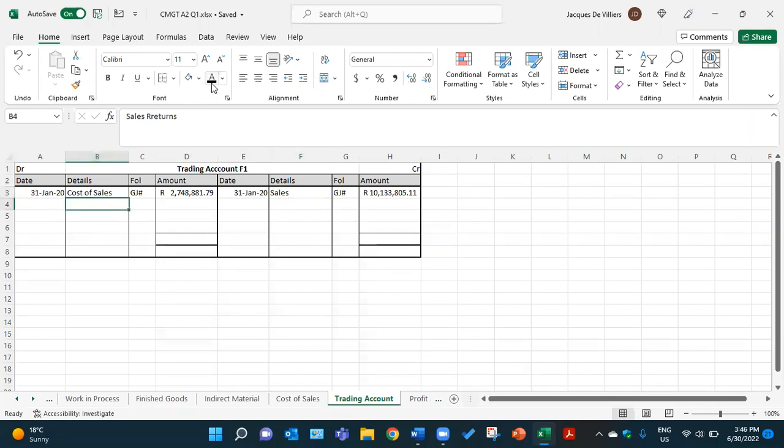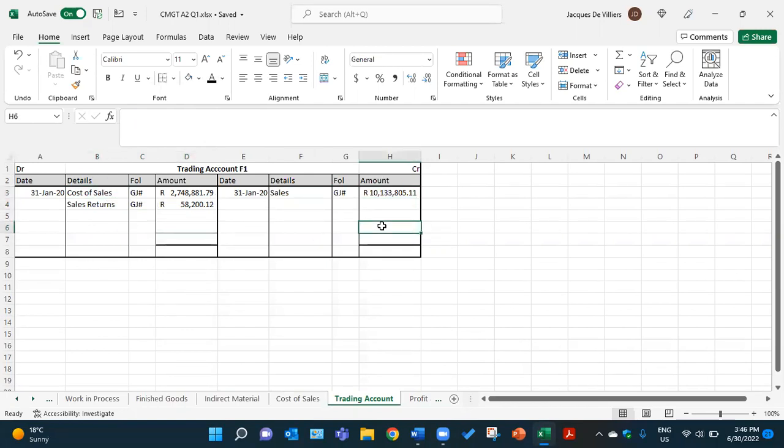I just created an entry there for sales returns that I've spelled very badly. Then the sales returns was recorded there, and then I have that amount. So now I've done the sales returns as well as the cost of sales.